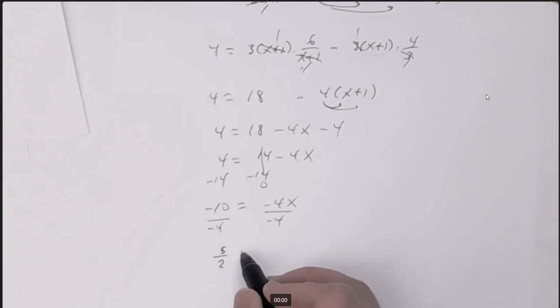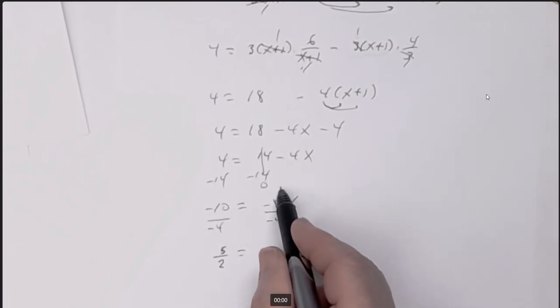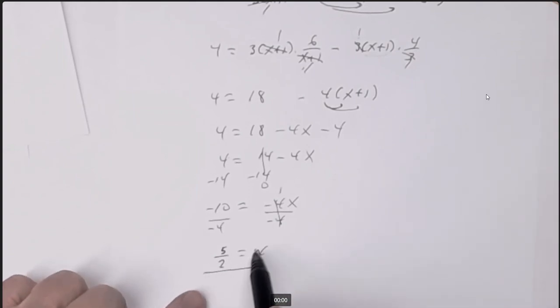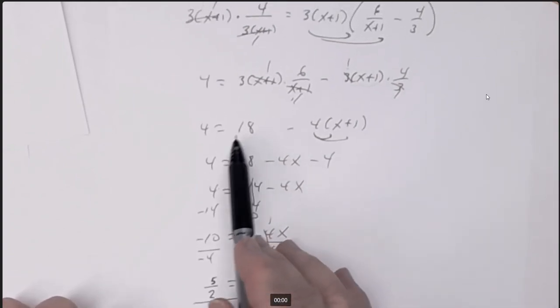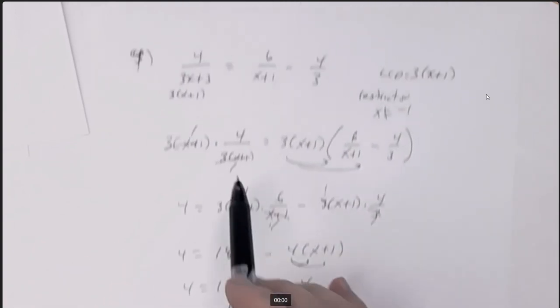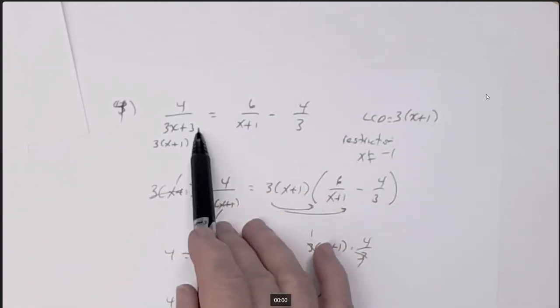All right, so this 5/2 is a solution to this linear equation right here. Is it a solution to the original? Yes or no? Yes. Why? It's not the restriction.